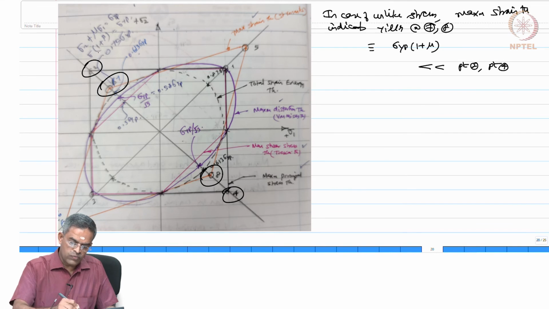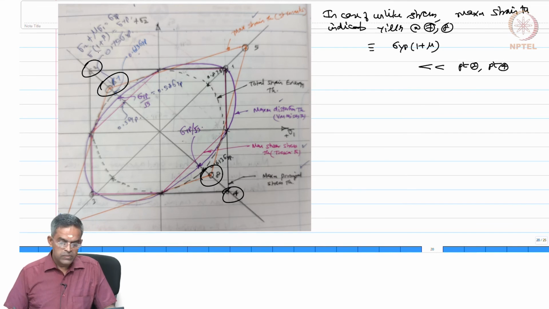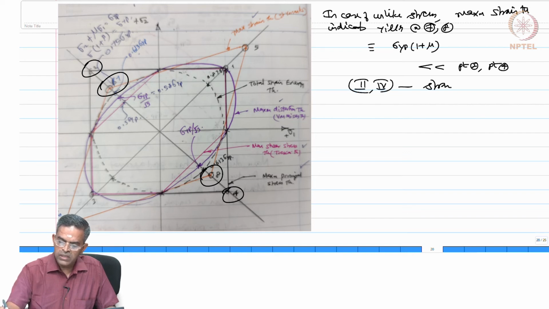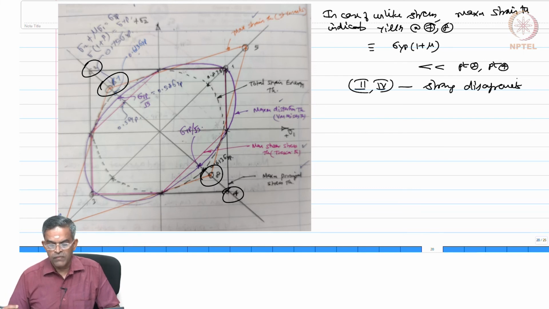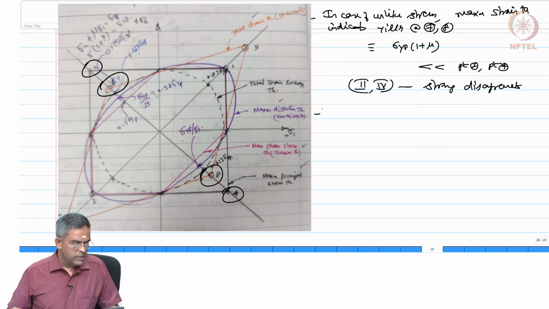This is 2 and 4. So, it means in quadrants 2 and 4, there is a very strong disagreement. What are these quadrants 2 and 4? When the stresses are dissimilar in nature of the same magnitude, the disagreement between the theories is very large.